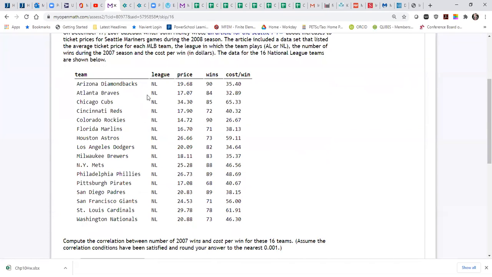Let me see if it's the same data or not. 19.6, 893, 540.